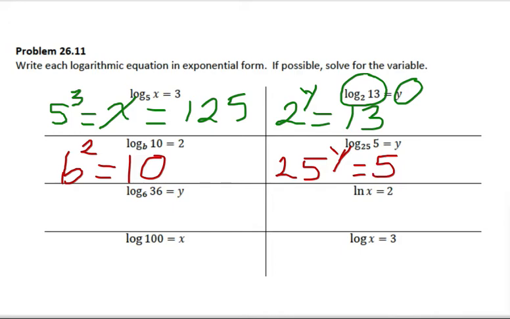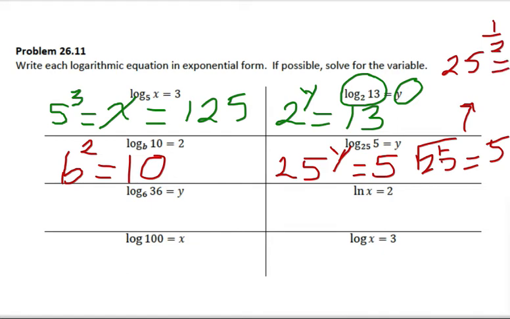Okay, so maybe we can find what y is equal to in this problem. What is the relation between 25 and 5? 5 is the square root of 25. So in fact, we have the square root of 25 equals 5. If we write the square root of 25 using exponential notation, we can say 25 to the power 1 over 2 equals 5.